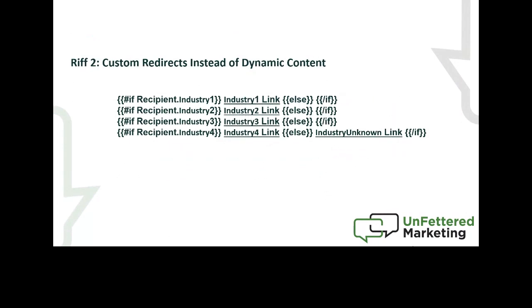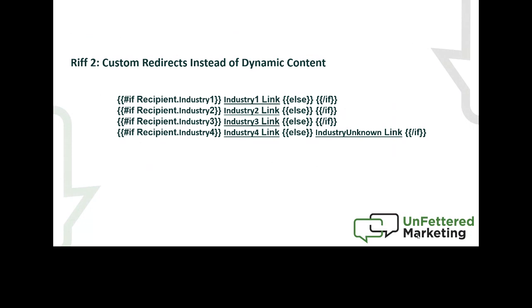So you can use custom redirects if you have the basic Pardot account and you want to use custom redirects to show dynamic something that you might otherwise show in dynamic content. Again, if they're in industry 1, 2, 3, or 4, show them a specific link or show them a specific piece of content. Assuming that your people don't occupy more than one industry, or maybe if they do occupy more than one industry, that's fine.